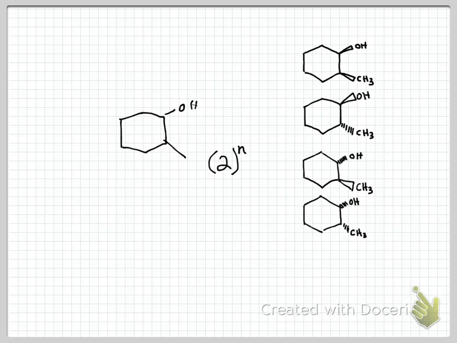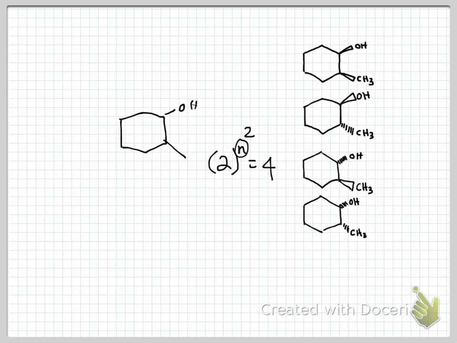So 2 to the n, this is 2, so that's going to be 4. Those are the most I could draw, the 4 possible ones. Does that not apply to meso? Yeah, it doesn't apply to meso. This is the most you can make, and meso eliminates one. We'll get to meso in just a second.